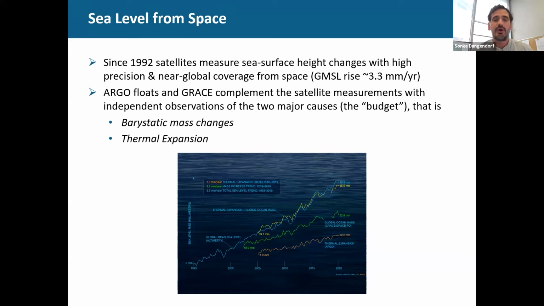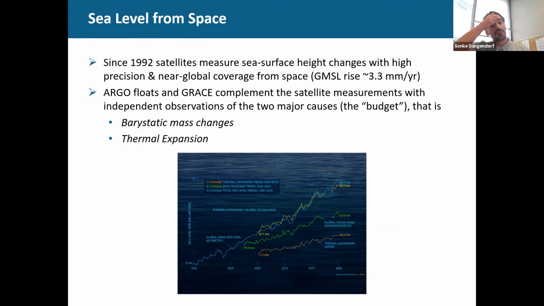We also have another satellite system, the gray system that measures changes in ocean mass and barystatic ocean mass on a global scale. These are two satellites that surround the Earth and measure any changes in mass on land or in the ocean. These can be used to estimate the contributions by land ice, for instance, Greenland, Antarctica, glaciers, but also from any terrestrial sources of water storage, for instance, water behind dams or due to hydrological changes.